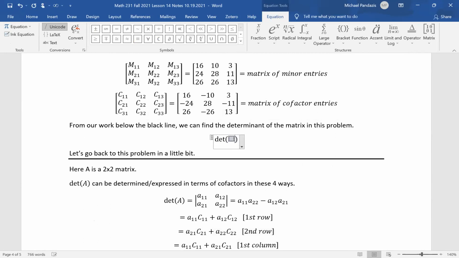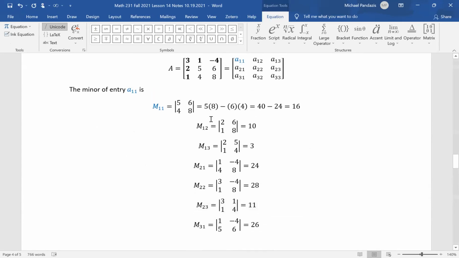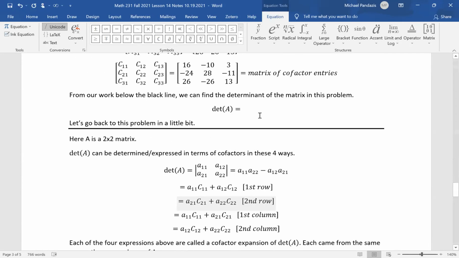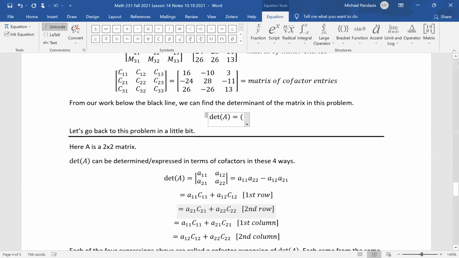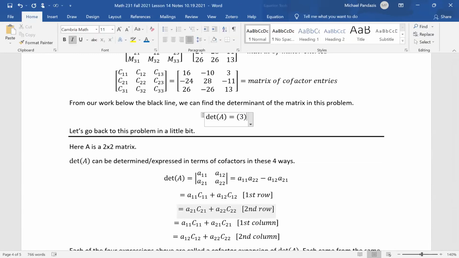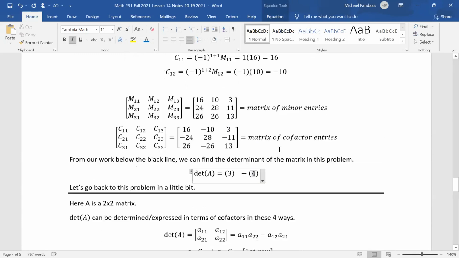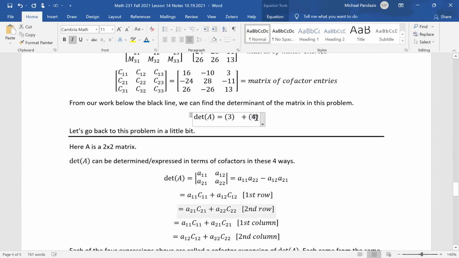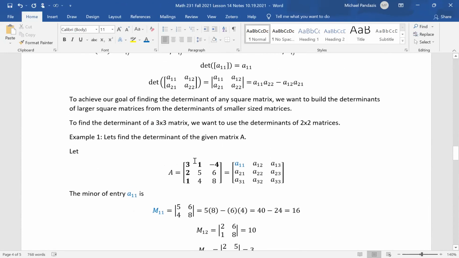So the determinant of this matrix in the problem is equal to, well, let's go along the first row. The first row has entries 3, 1, -4. So we want to take each entry: 3, 1, -4.